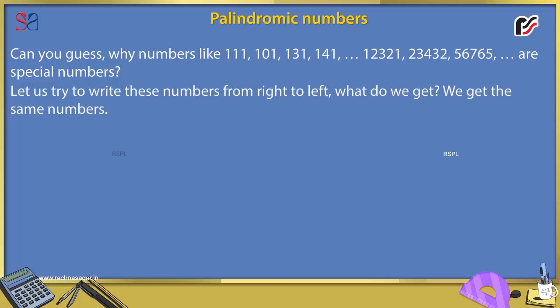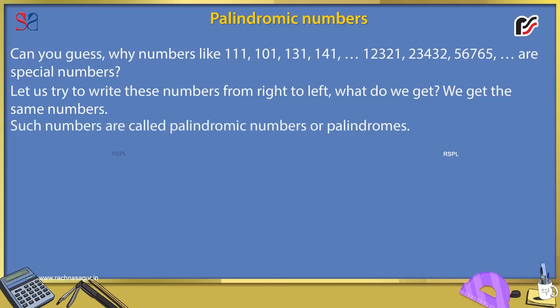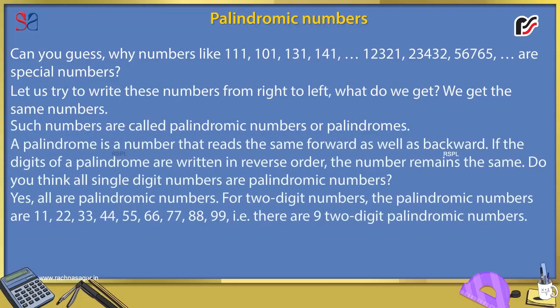What do we get? We get the same numbers. Such numbers are called palindromic numbers or palindromes. A palindrome is a number that reads the same forward as well as backward. If the digits of a palindrome are written in reverse order, the number remains the same.